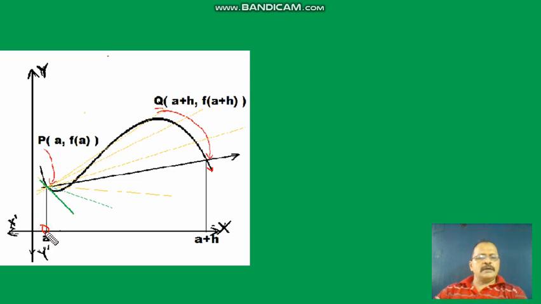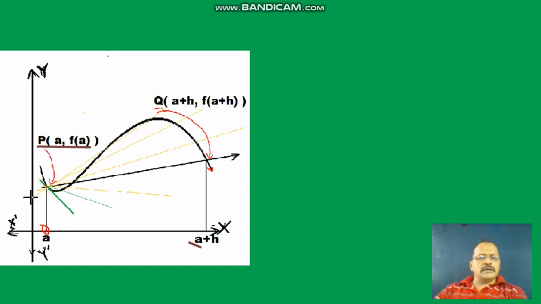Corresponding to this A, there is a point on the graph, and that point is P, (a, f(a)). Consider another point on the x-axis, a plus h, a small change in a. Corresponding to this a plus h, there is a point Q, (a plus h, f of a plus h) on the graph.